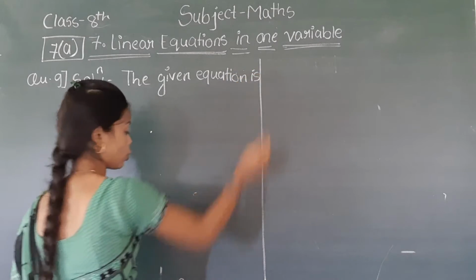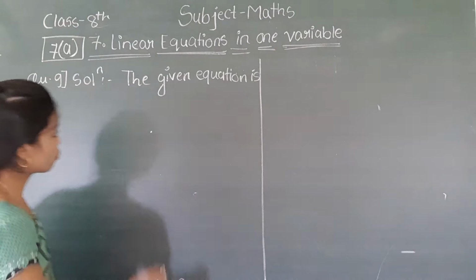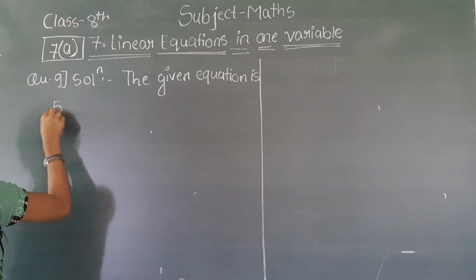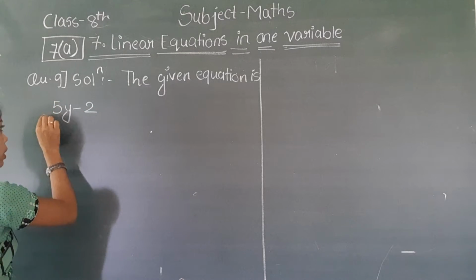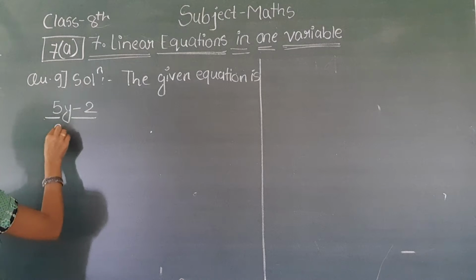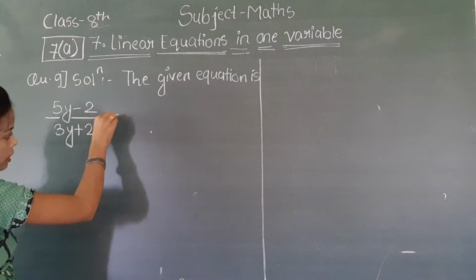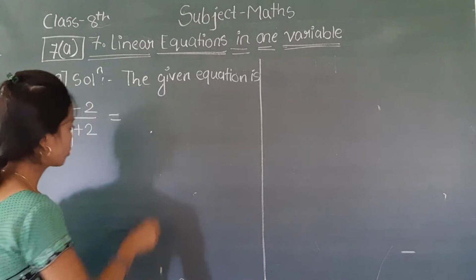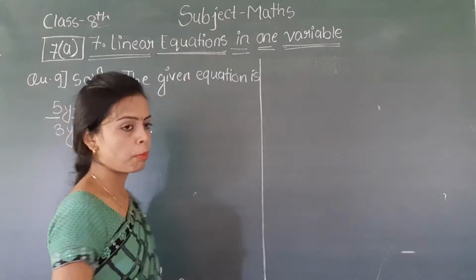What is your given equation in question number 9? It is (5y minus 2) in the numerator and (3y plus 2) in the denominator, equals 7 upon 5.